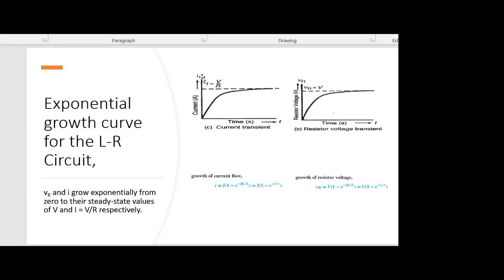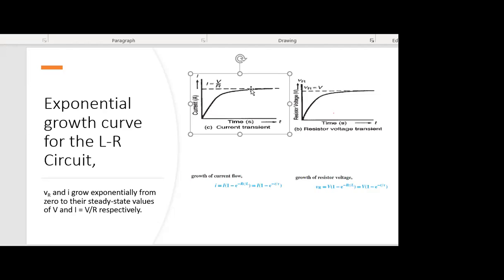Initially, when the EMF was induced in the inductor, it opposed the current that was flowing in the circuit. So the current went to 0. Then with time, it started increasing up to when it reached steady state.